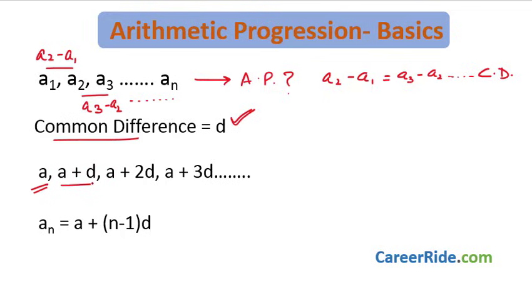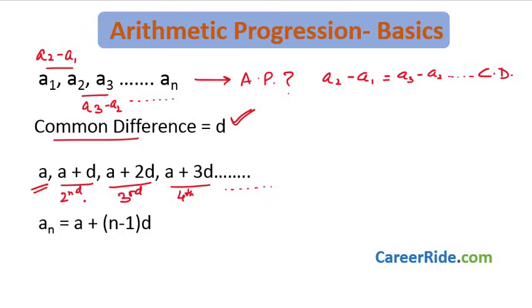My second term would be A plus D. What would be my third term? My third term would be A plus 2D, right? Because the difference is increasing by D, that is the common difference. So the third term would be A plus 2D. My next term, that is the fourth term, would be A plus 3D, and this will happen for the whole series.